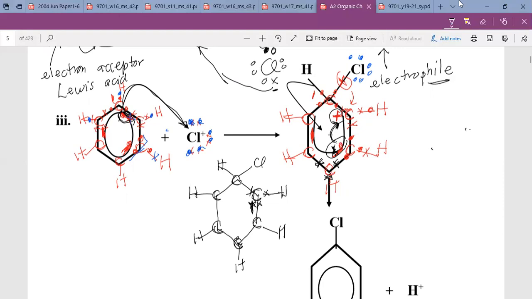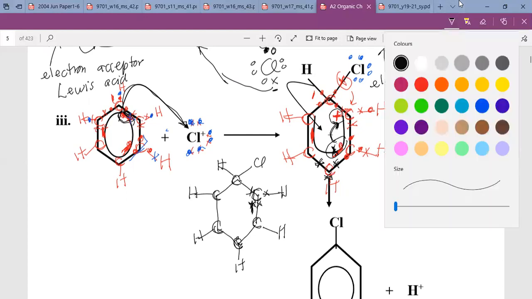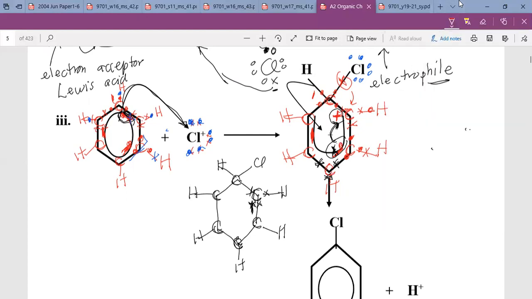So now in this case, this will be the red color. This will be the original electron, the 4 electrons here. But now this carbon would have how many electrons now? Original X, X, X. It's lost 1 electron there to here.